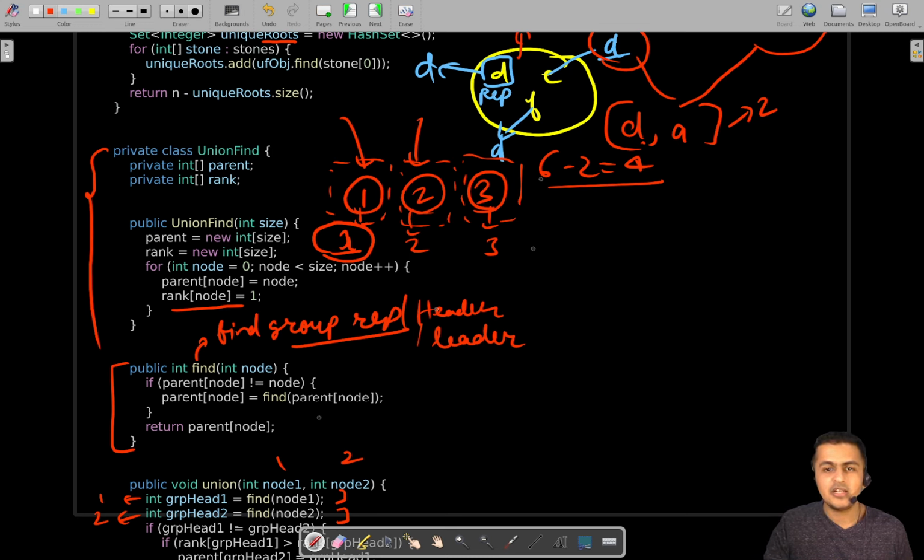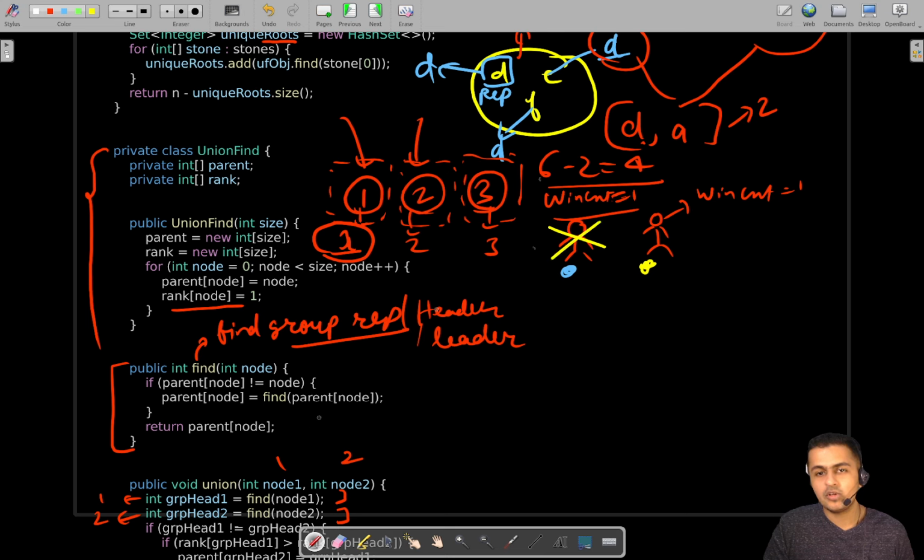Consider rank like this: there are a bunch of gorillas, and they are fighting with each other. Initially everyone has a win count of 1. This one is also having a win count of 1. Let's give them colors: this is the blue one and this is the yellow one. Now let's say the yellow one defeats the blue one, so its win count will increase.